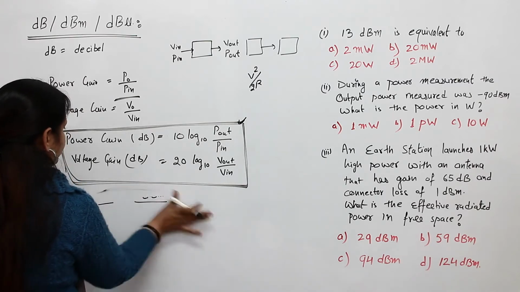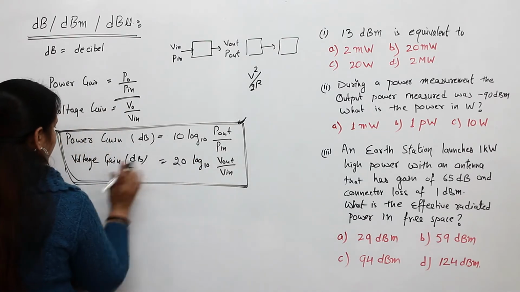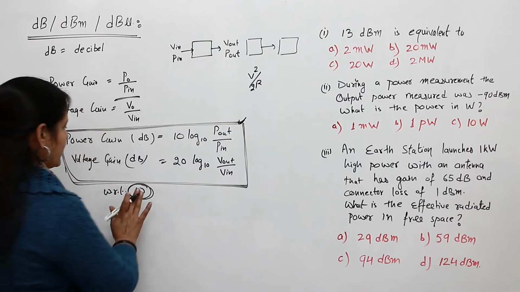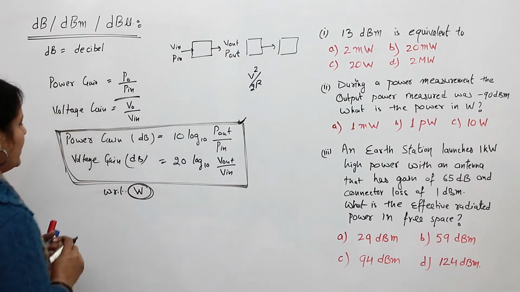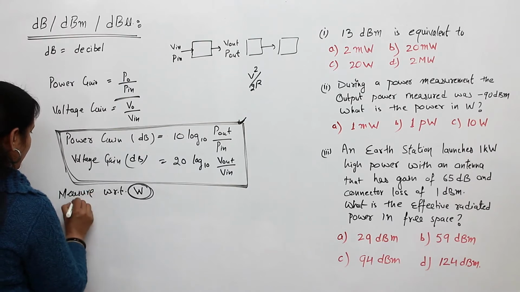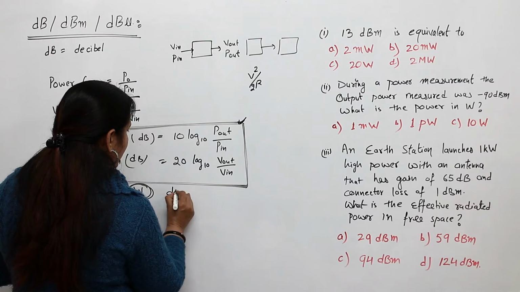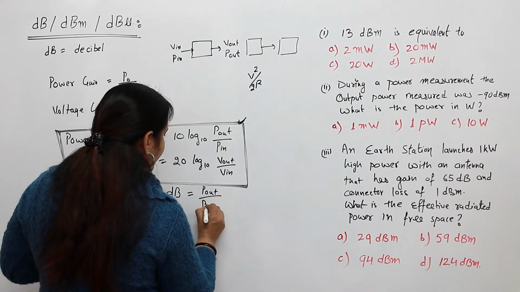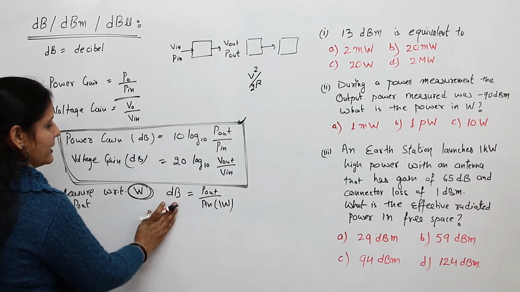When you are comparing your output power with respect to input power in watts, let me write it as capital W so there is no confusion between omega and watt, if you measure P output with respect to P input in watt, you will define your gain in dB. That is, P output when P input is 1 watt, the gain is defined in dB.